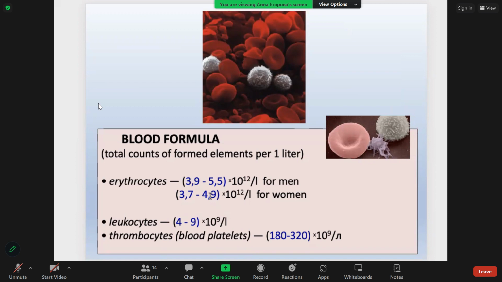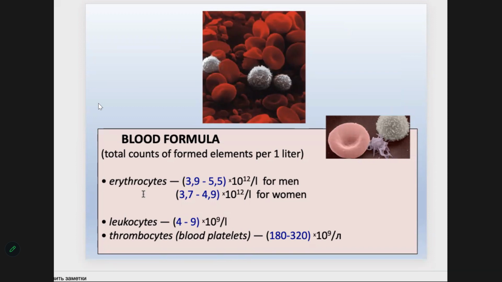So erythrocytes in the blood formula: the count of erythrocytes differs for men and women. In the male organism, the count of erythrocytes is 3.9 to 5.5, 10 raised to 12 in a liter. For women, 3.7 to 4.9, 10 raised to 12 in a liter.